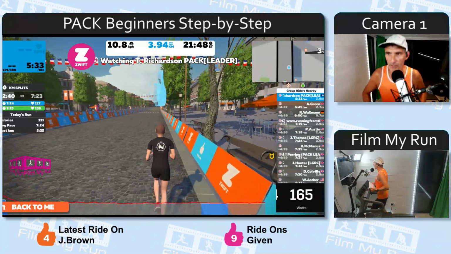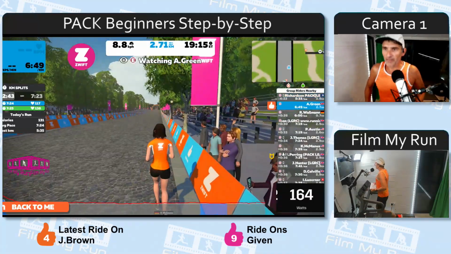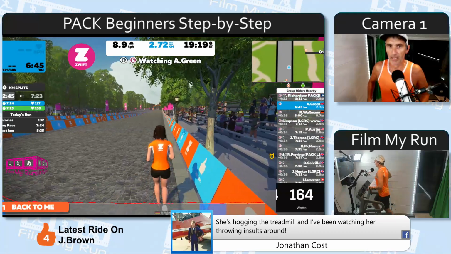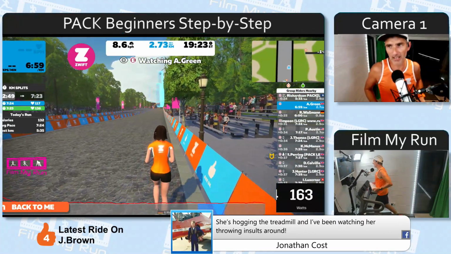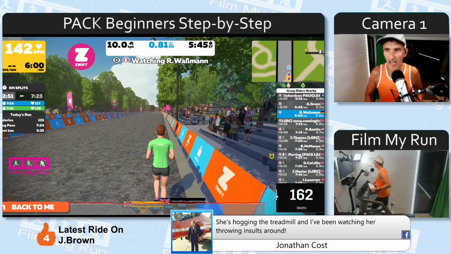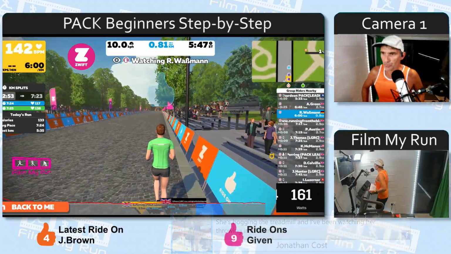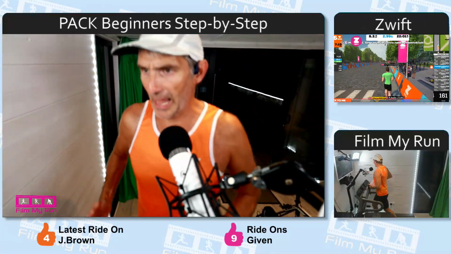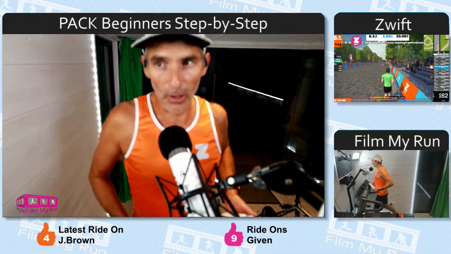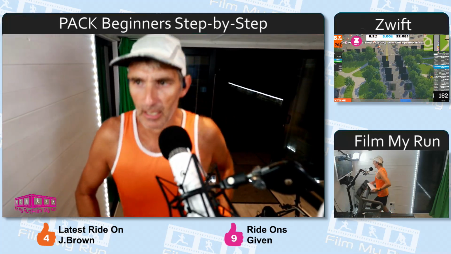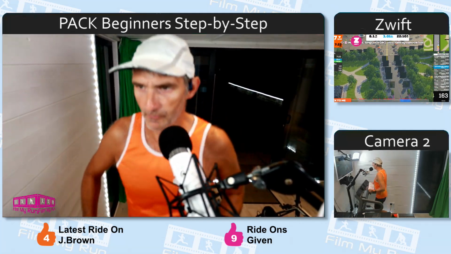Mr. Richardson, pack leader, is way out ahead. Aaron Green. Is that Aaron Green or is that a different A Green? Running from the Black Dog. Untitled.com. I assume that means depression.